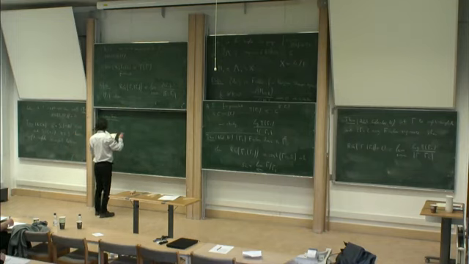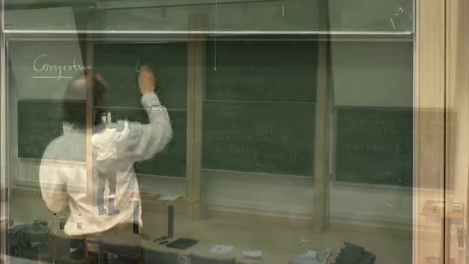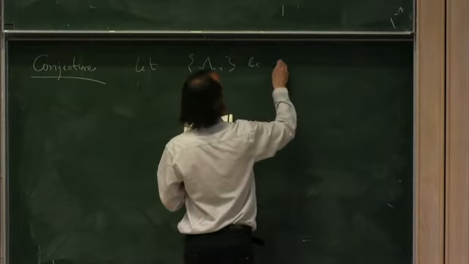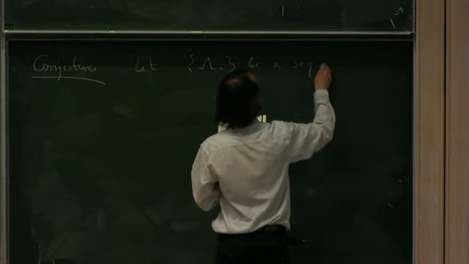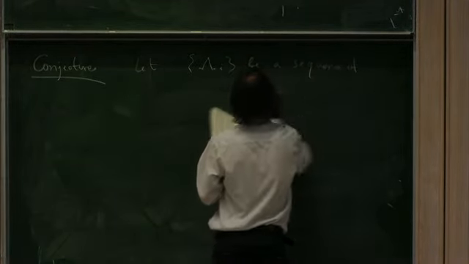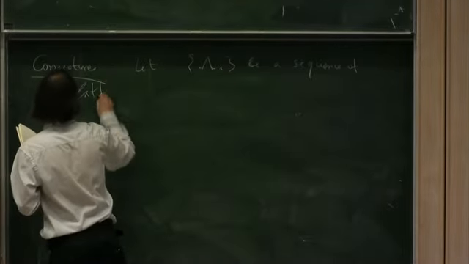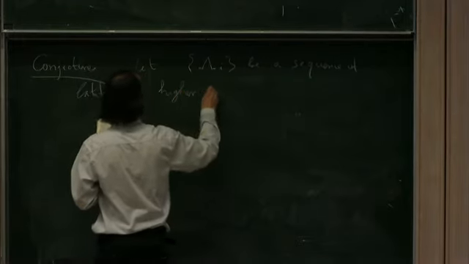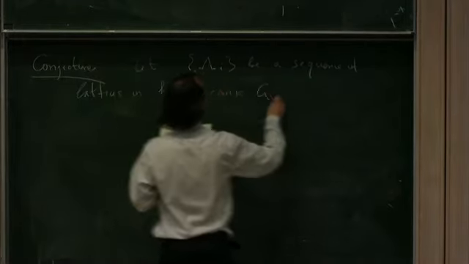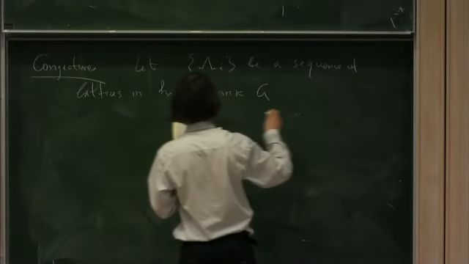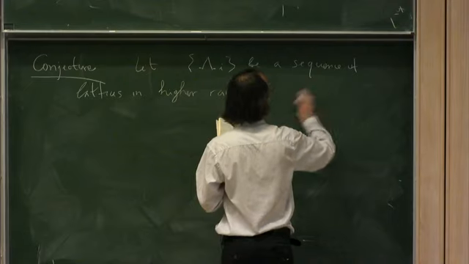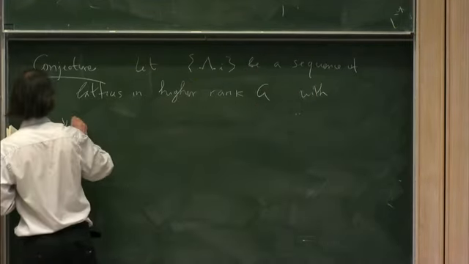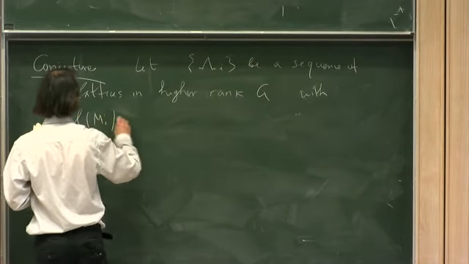Okay, so let lambda_i be a sequence of lattices in a high rank G with the co-volume of these lattices tending to infinity.